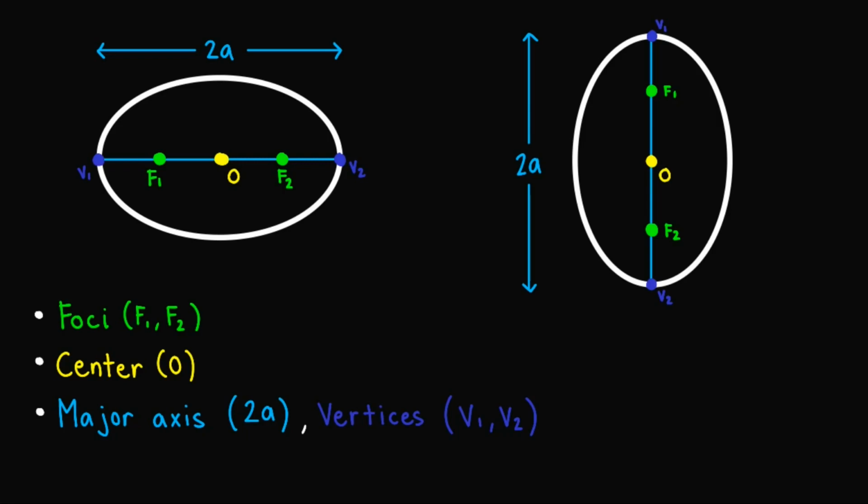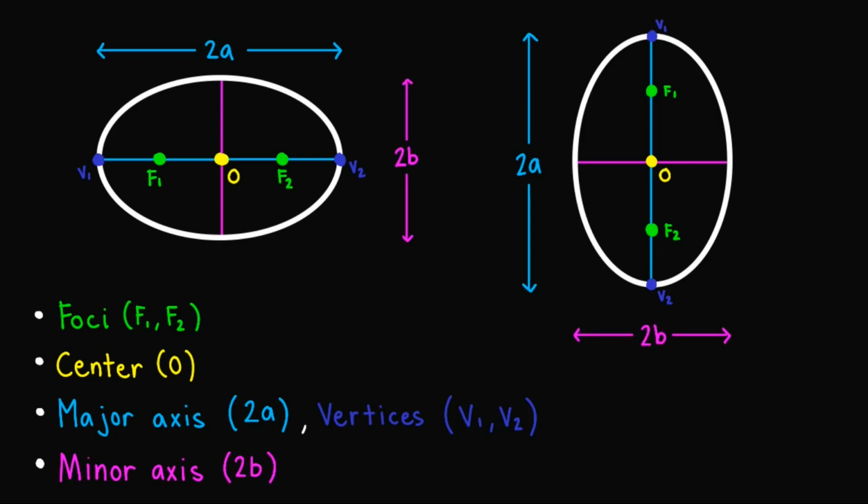Next, if we try to draw a line perpendicular to the major axis, so this line that passes through the center, then this out here is what we call the minor axis. Its length is represented by 2b.